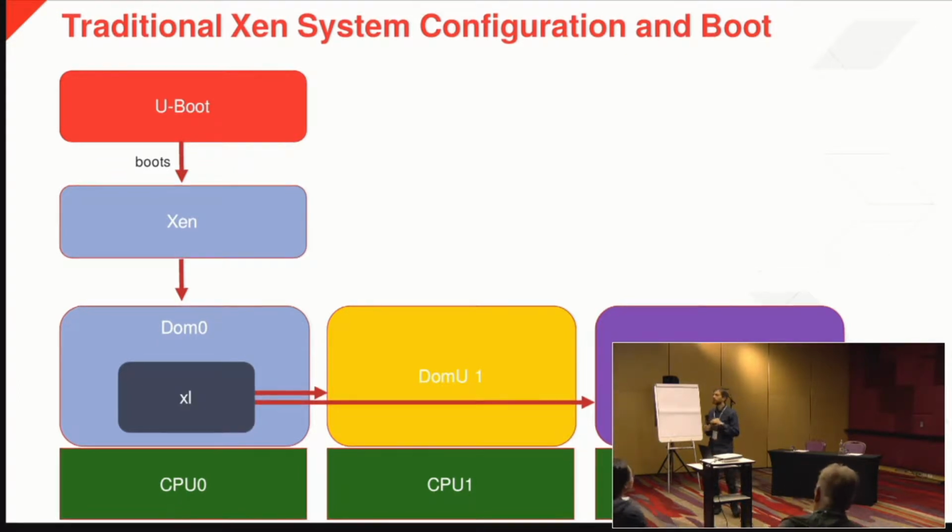Now, this has a series of consequences, some of them good, some of them not so good. The first consequence is that typically Dom0 and Xen are only for platform management, right? So your critical application, what you really care about running, is going to be either in the yellow or in the purple VM. If we think about how long it takes to get your important application up and running, it's going to be at least as long as Xen booting plus Dom0 booting, both kernel and user space.